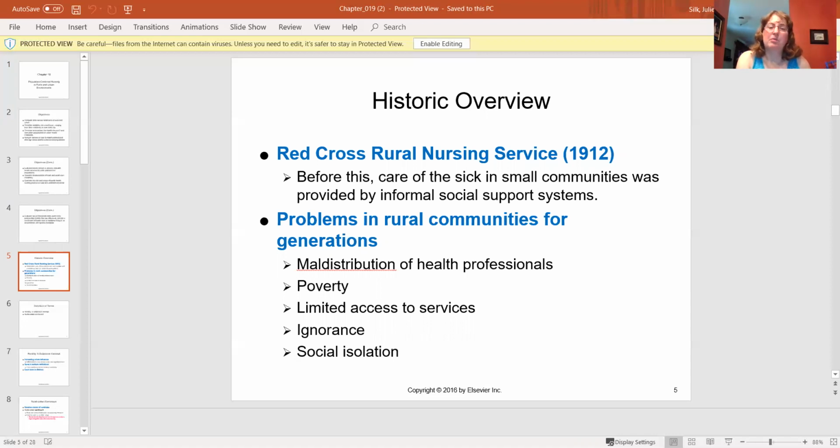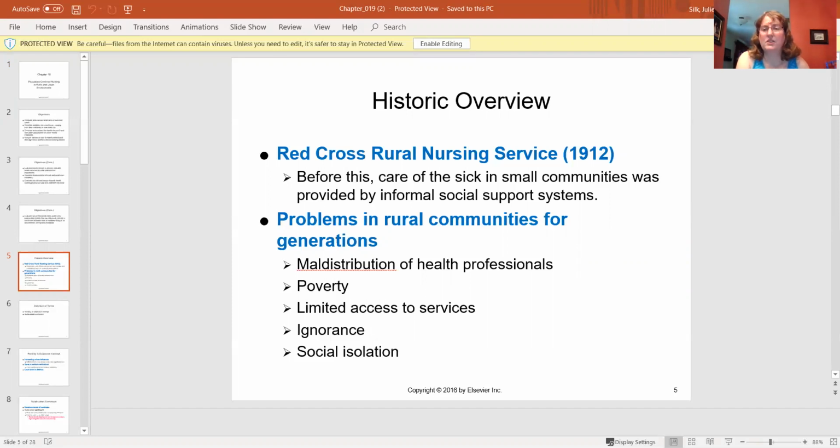A lot of times people that live out kind of far live in poverty. For instance, if you went down into the mountain areas down in Kentucky, a lot of people down there live in poverty. They also have limited access to services, and we're talking all kinds of services like transportation, internet access, you name it.